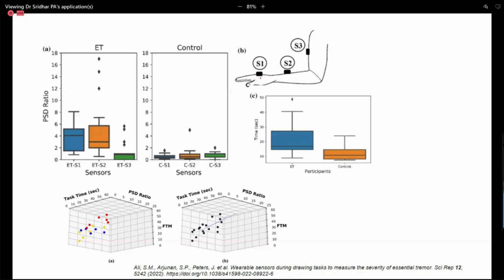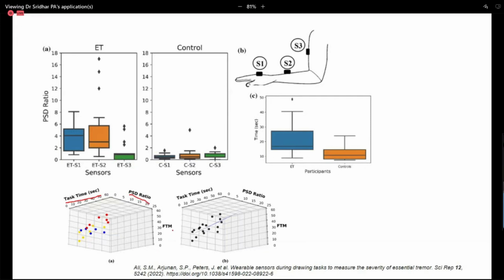So this will provide information related to this kind of device, and it can be connected easily to a patient when he is doing an exercise, to see how the tremor affects different parts. We also looked into the task time they have done.